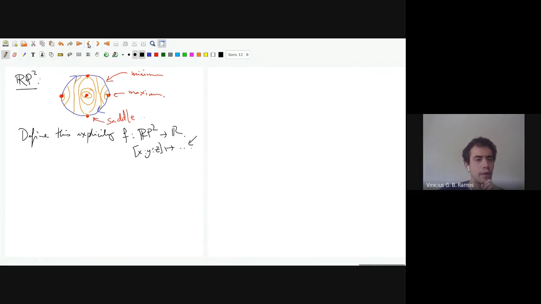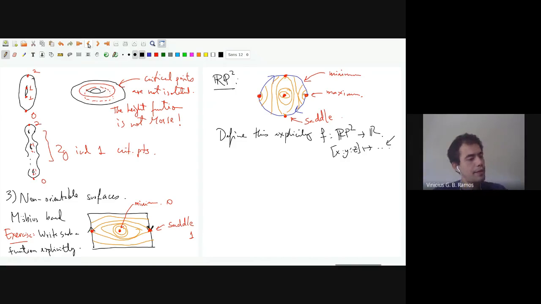All right. So this is RP2, and then let me write another exercise. I'm leaving lots of exercises this time for you to get your hands dirty with Morse functions, which is to find or describe. So first you can describe with level curves, and if you want, you can write it explicitly.